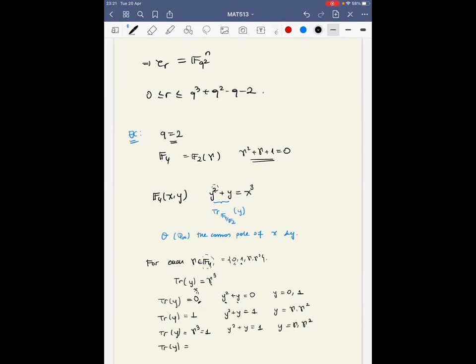Here, each time we take the trace as F4 over F2.